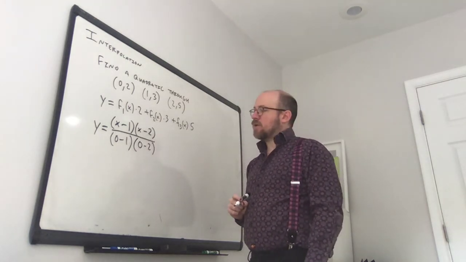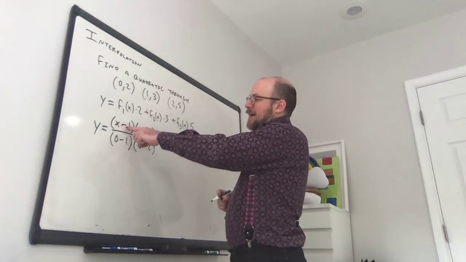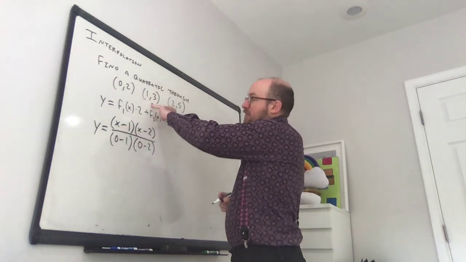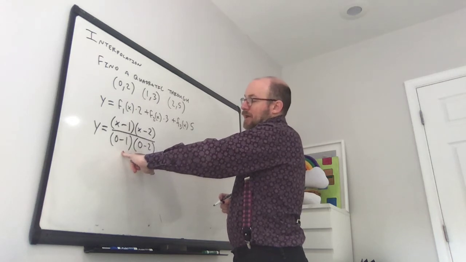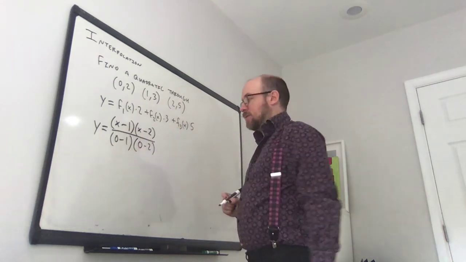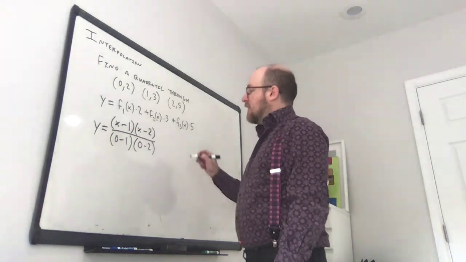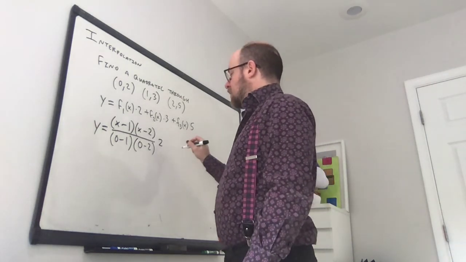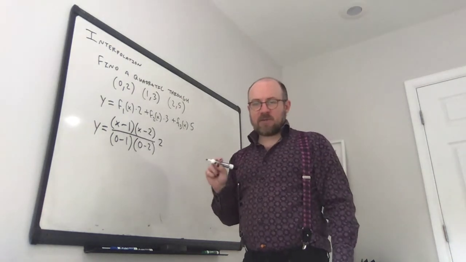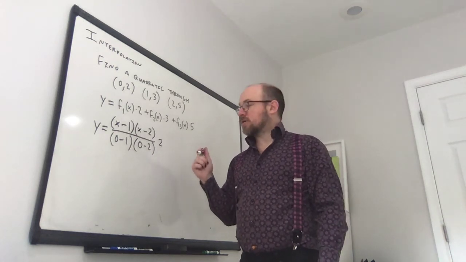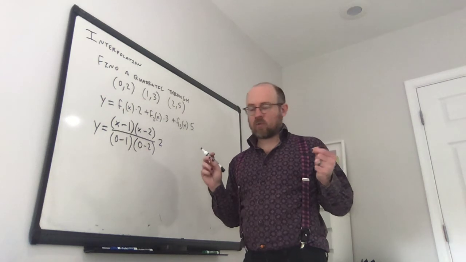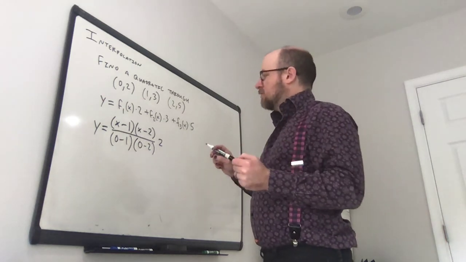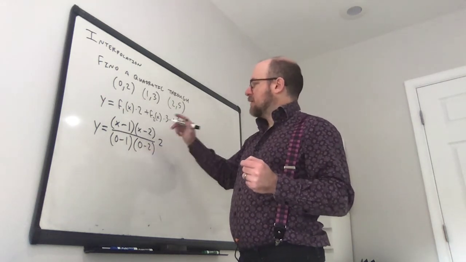Okay, that's our f1 of x. So we've got an x minus xi term for everything but the first one. We've got an x1 minus xi term for everything but the first one. And that gets multiplied by 2. And I'm going to explain the theory here in a minute, where this comes from and why this polynomial works, once I've got it written down, because then I think it's very easy to see why this works. Okay? So that's our first term.